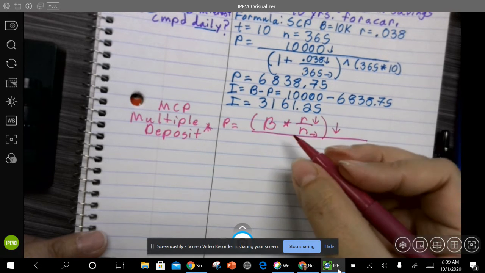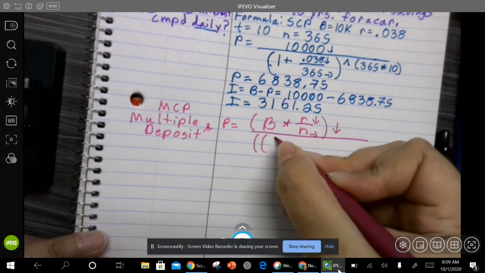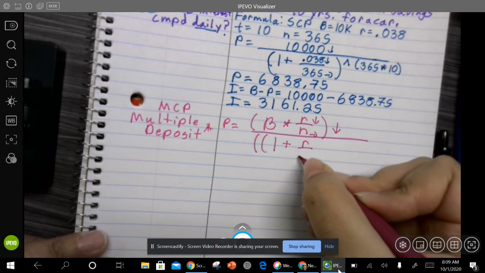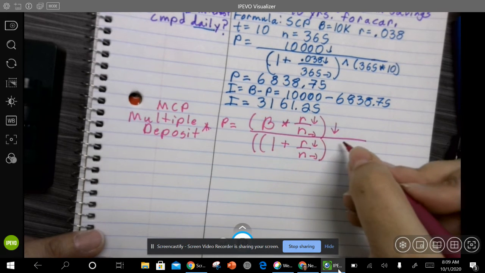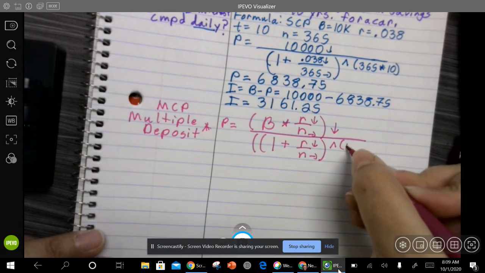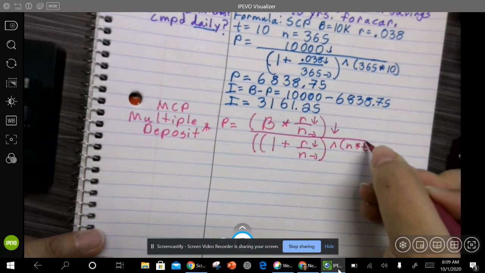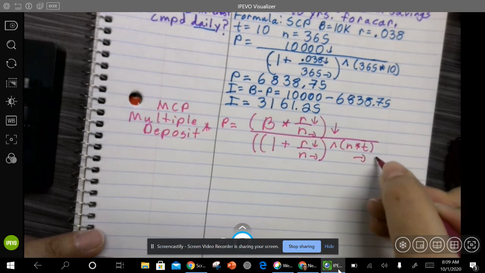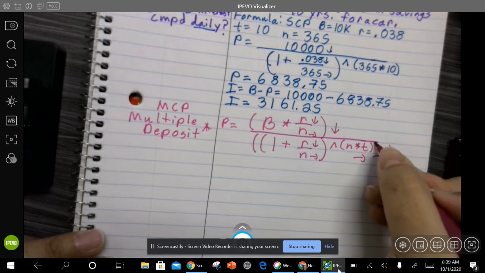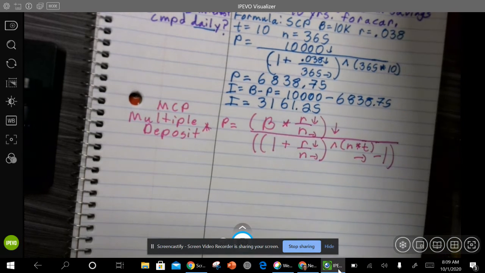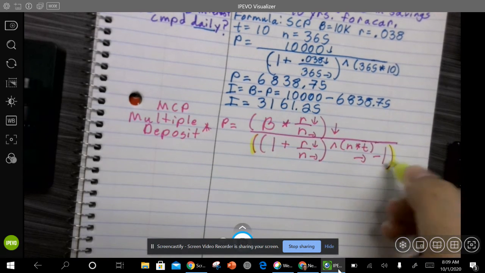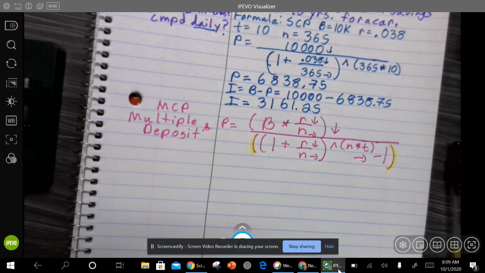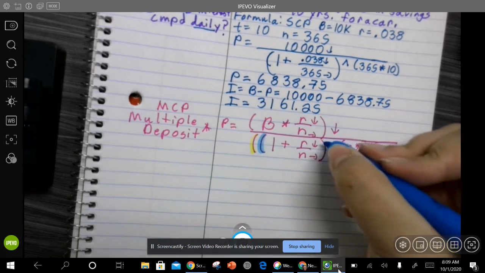Then you're going to scroll down, and then it's going to be double parentheses, 1 plus the rate divided by n, parentheses, raised to the n times t, scroll left, minus 1. Okay. Again, everybody, you always want to make sure you're having your pairs of parentheses on this one. So same thing as we did before. So make sure you're having your pairs of parentheses. That's going to be key for this one.